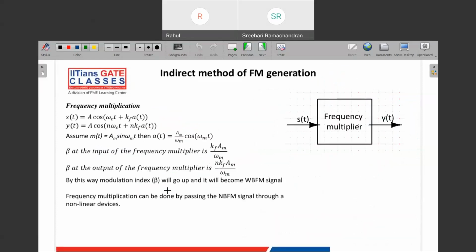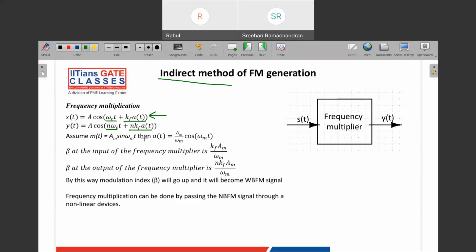The circuitry that we use to do this is called a frequency multiplier. When you pass a signal through the frequency multiplier, it multiplies the argument of this cos by some number n.